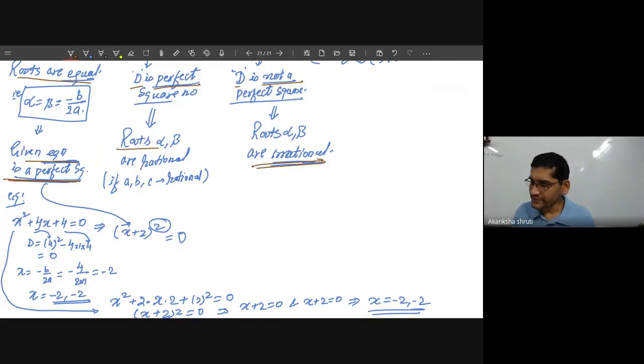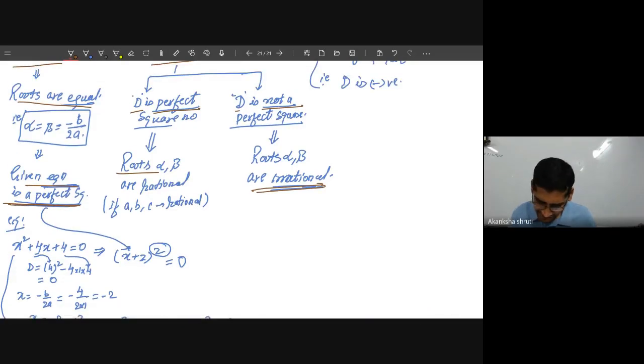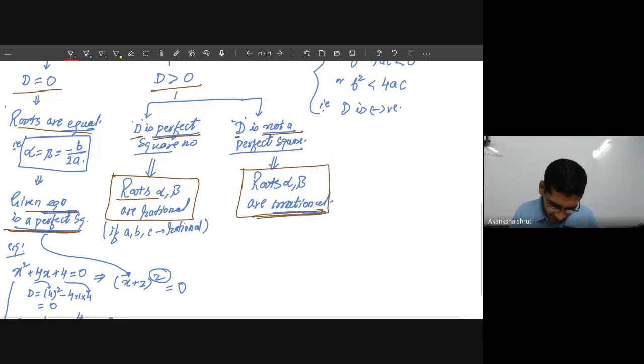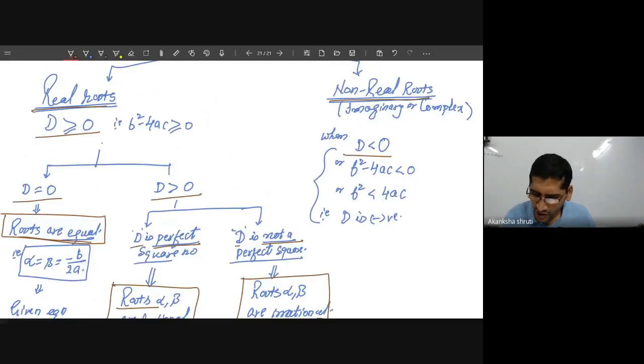So how to determine the nature of roots? Whatever things we have written, this is our nature of roots. Roots are equal. Here I have written non-real roots.